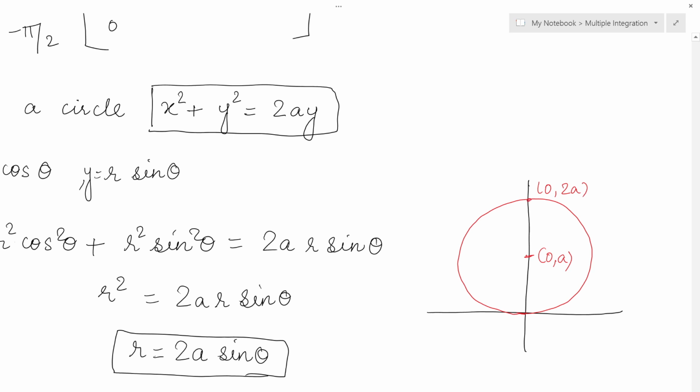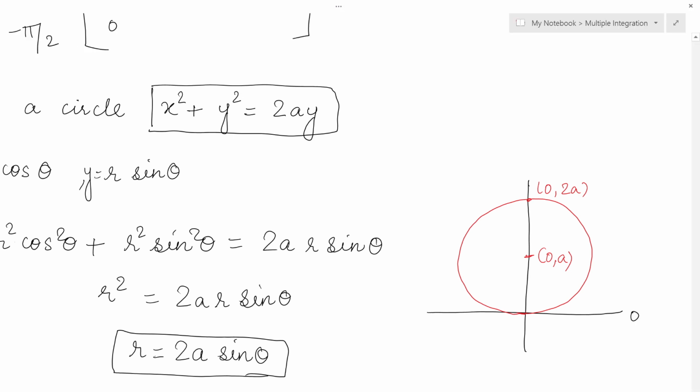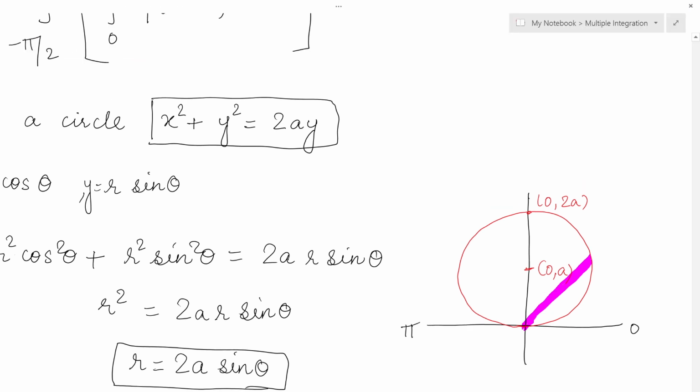Okay, so now the angle, you know it very well. Now only I showed you, this will be 0 and pi. The radial strip that we will consider over here will be this way. Right? And the radial strip, you know, it travels from anti-clockwise direction, that is in this direction.